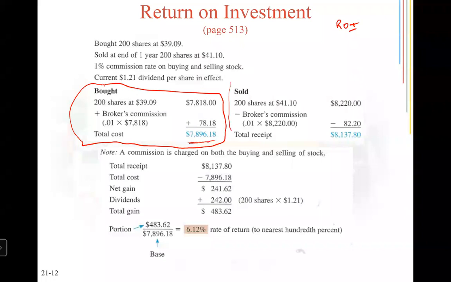Now, when they sold, the shares were now going for $41.10. So 200 times 41.10 gives me $8,220. Now you have to pay the broker 1% again. So you find 1% of the 8,220, you get $82.20.